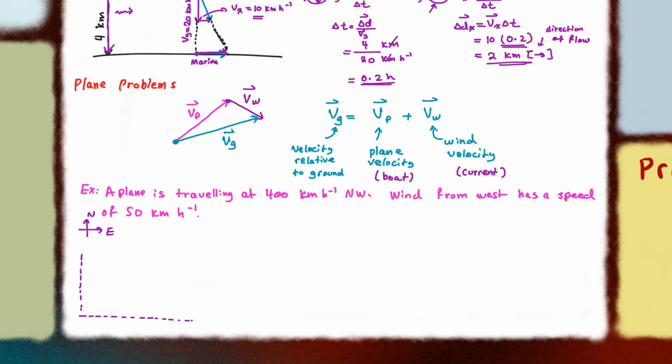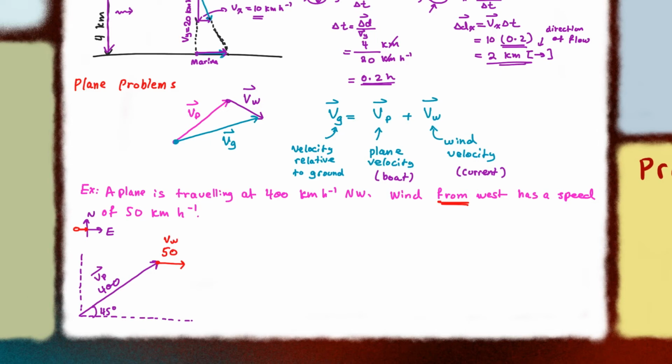Then we're going to start drawing our 400 kilometers per hour, which is the speed of the plane, and that's at 45 degrees north of east. And then we know the wind is coming from the west, so it's moving towards the east, and that's 50 kilometers per hour.